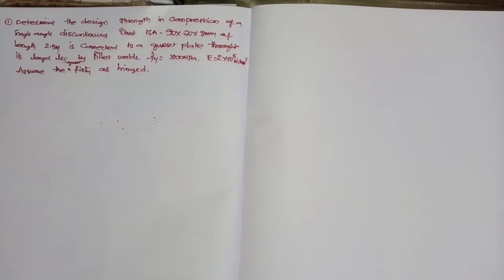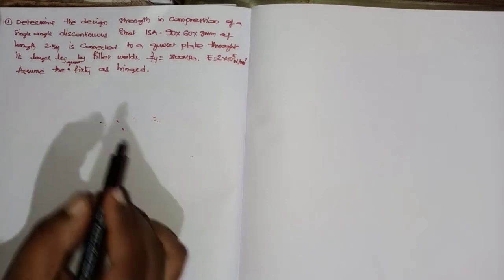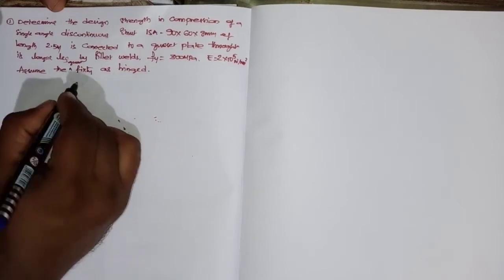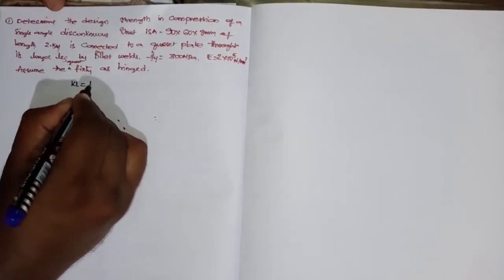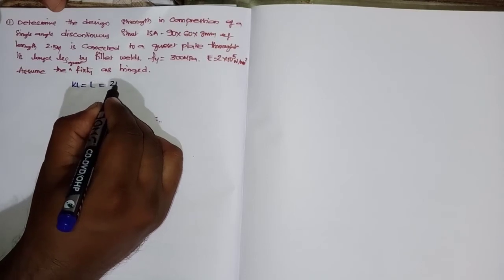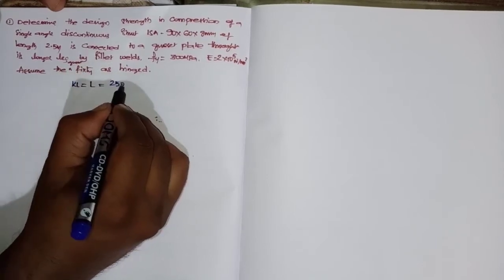It is very easy, only formula based, it is somewhat difficult to see. Now here in this condition, hinged, the effective length equals the actual length, that is 2.5 meters or 2500.